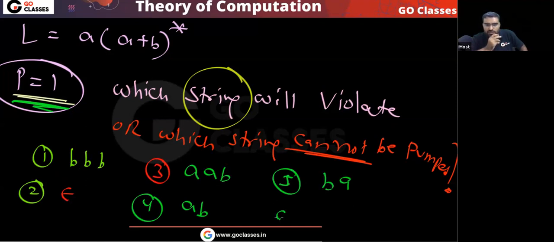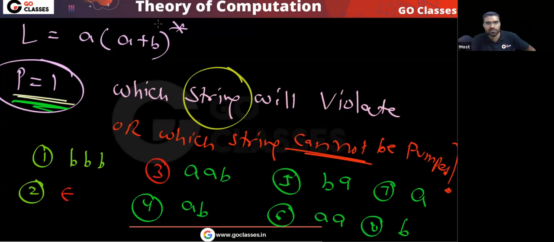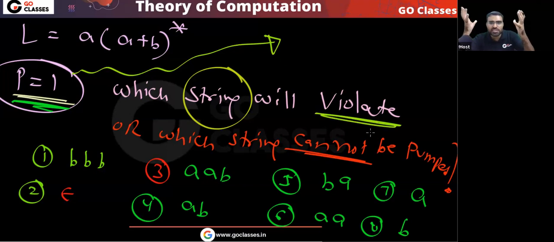First of all, you tell me, when you are checking p equal to 1, which strings will you check? To which strings will you give attention?